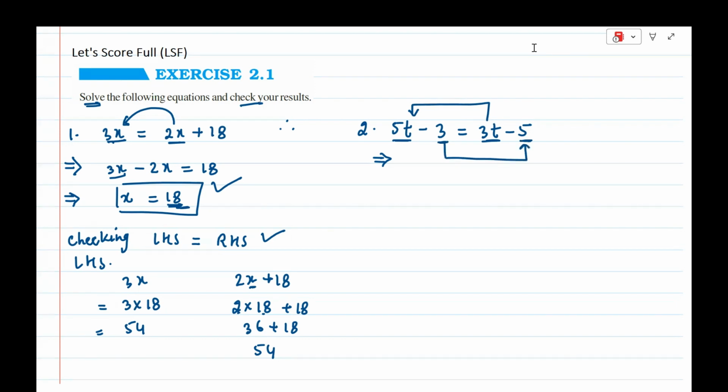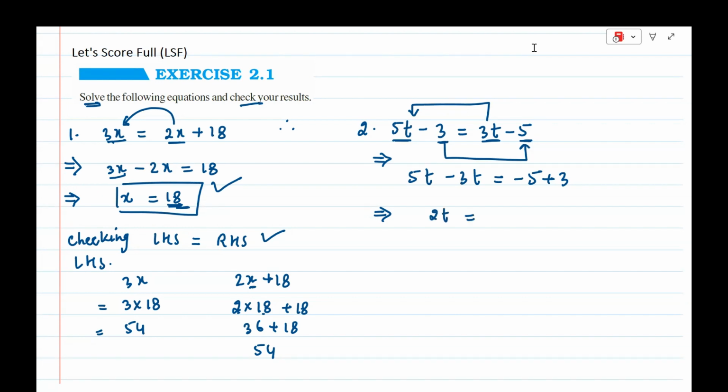Transfer it towards the right so that the variables get separated. 5t, this will come here as minus. On the right-hand side, I already have minus 5 and minus 3, when it gets transferred, will become plus 3. Next step, 5t minus 3t is 2t.